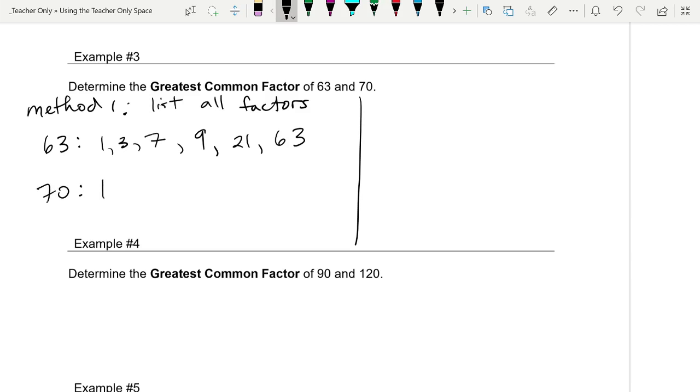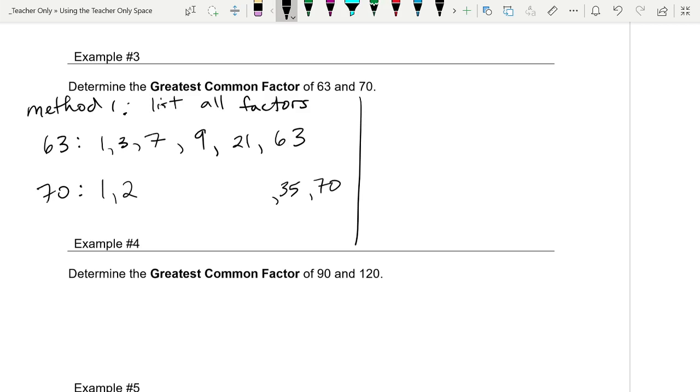So let's now try 70. 1 and 70. This one has a little more, so I'll give it a little more room. 2 and 35. Does 3 go in? What's 7 plus 0? 7. Does 3 go into 7? Doesn't go into 70 either then. So 3 doesn't go. Does 4 go? It's even, it might. Is 2's partner even? No. So then it can't have a 4.